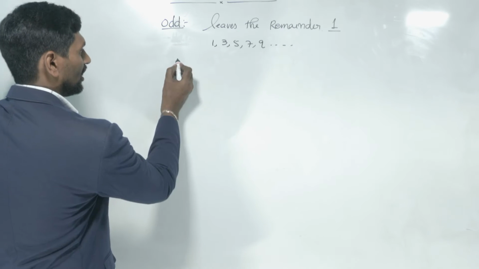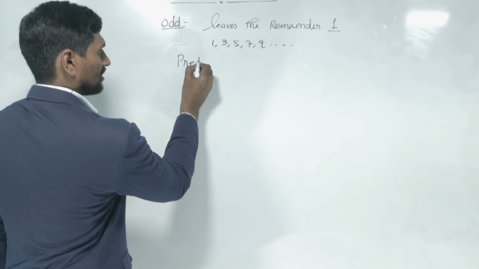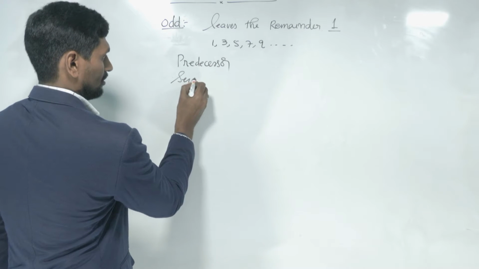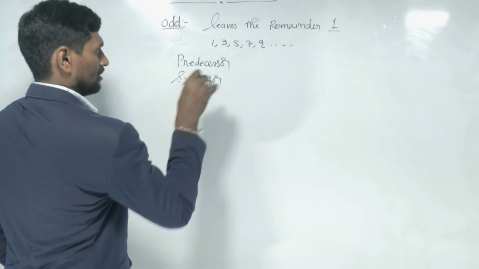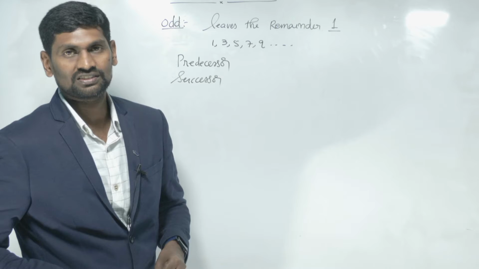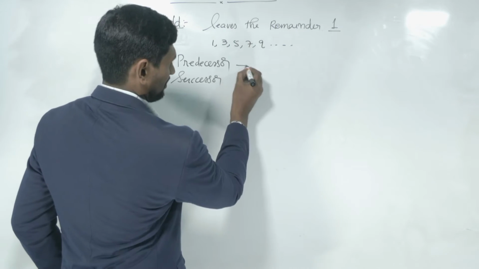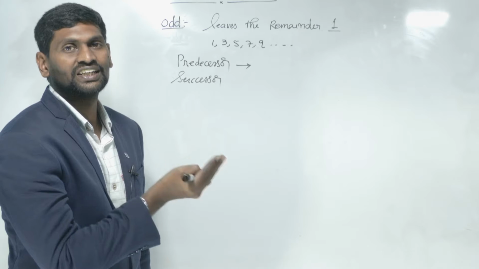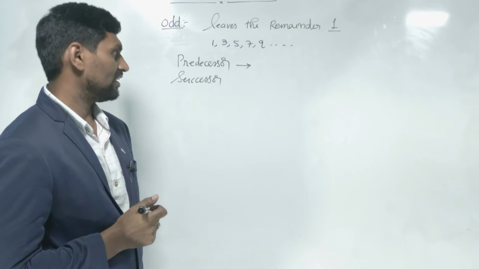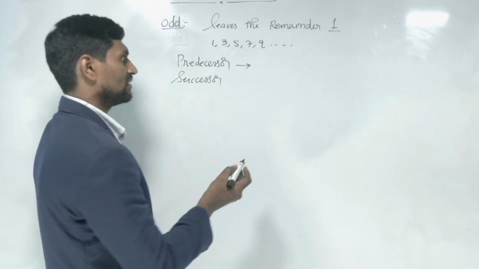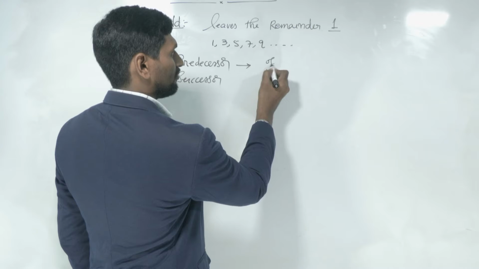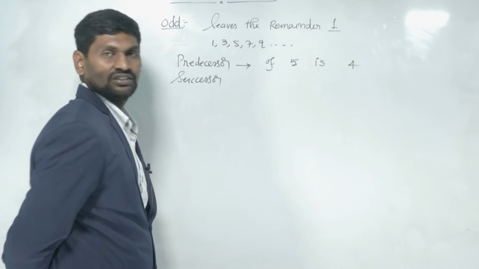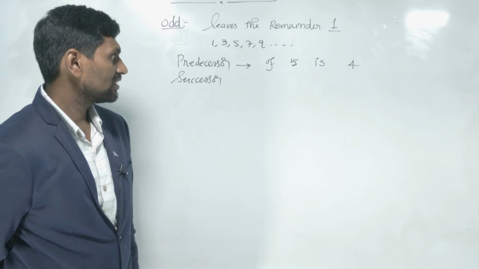You already learned about the predecessor and successor. Predecessor means the number which is exactly before the given number, so it is minus 1. For example, the predecessor of 5 is 4, that is 5 minus 1.